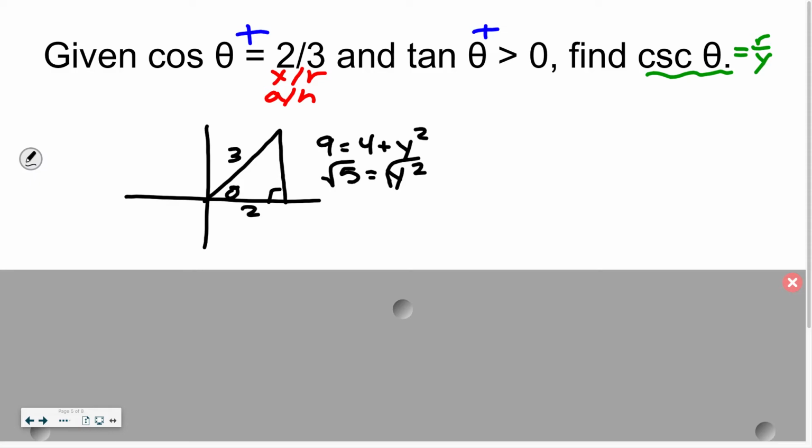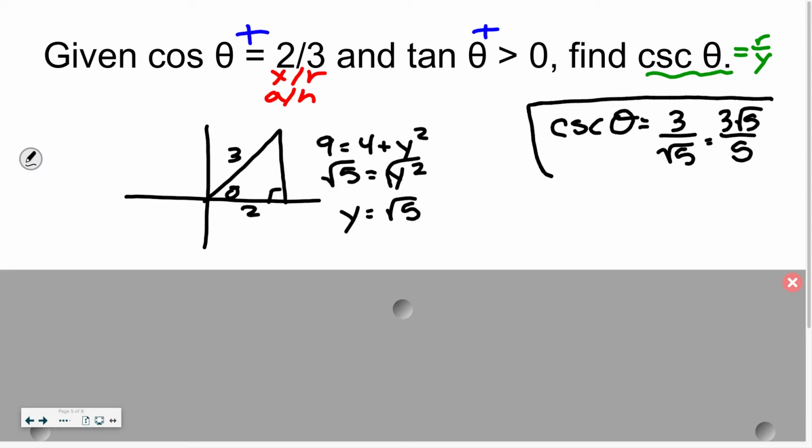So now we know that y is positive square root 5, so I can answer the question. Cosecant theta is r over y, rationalized, 3 square root 5 over 5. Because I'm in quadrant 1, all trig ratios are positive, so I leave my cosecant to be positive.